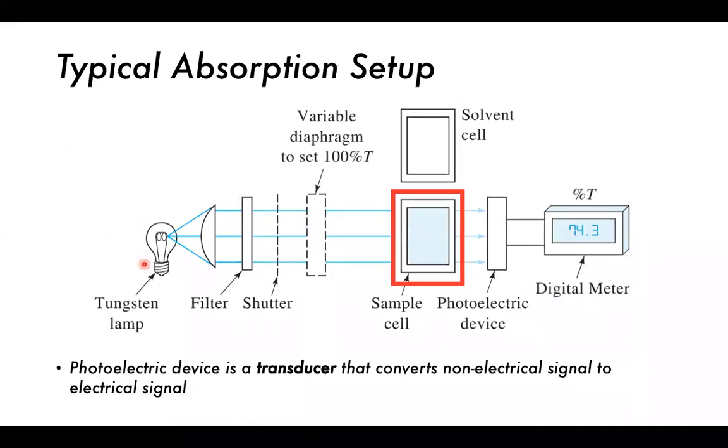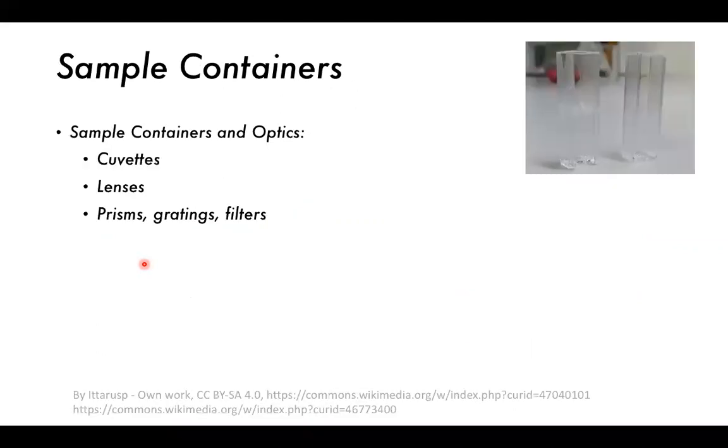Okay, so the next part is the sample cell that we'll be looking at, trying to see different materials which are usable. We already mentioned that when we talked about quartz and things like that.